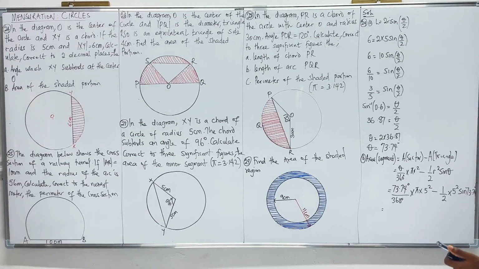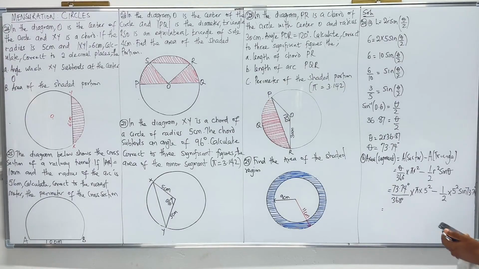All right, this will be a long one, so I'm going to put this into the calculator at once. Fraction 73.74. But I advise you, if you're a WAEC student using a WAEC calculator, do it bit by bit. Do this part first before doing the other part. Then times 25 minus 0.5 times 25 sine 73.74.